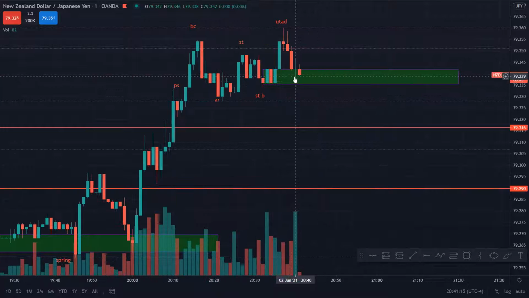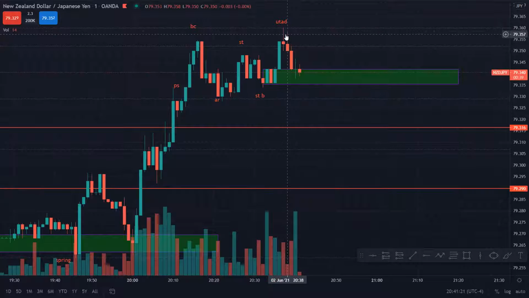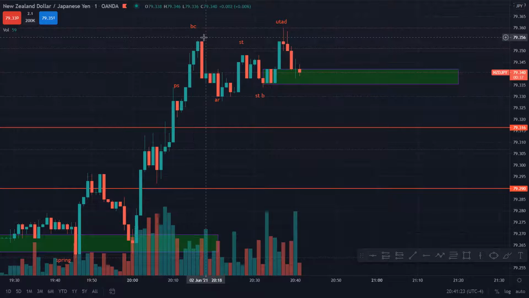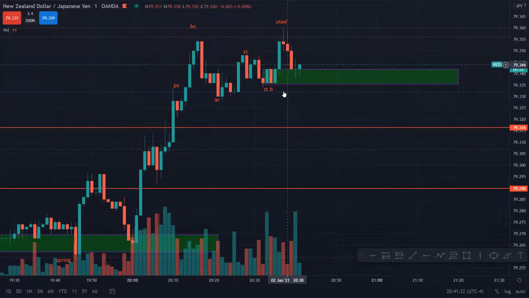This was a pretty high volume candle, but it's kind of moving in a way that, we had this UTAD, this upthrust after distribution, which moved up higher than the buyer's climax, which is not a good sign, because if you had the ST and B, we should be getting higher prices, and we should be getting something like a secondary test, that's a spring, and then higher prices.